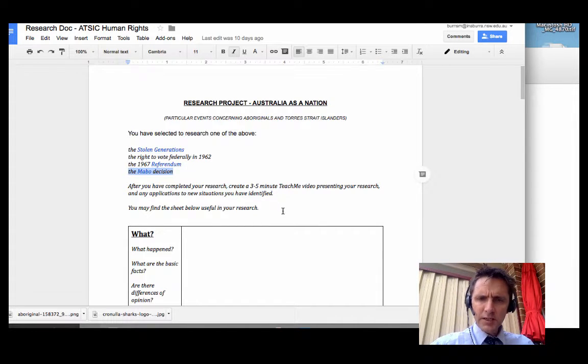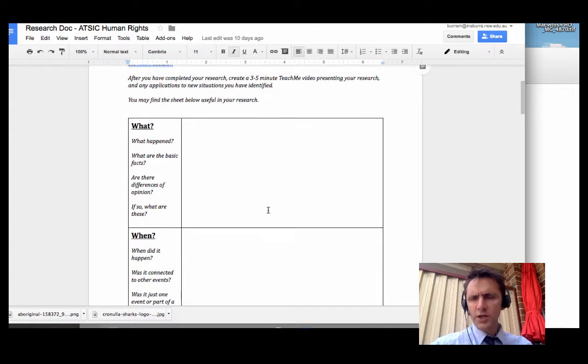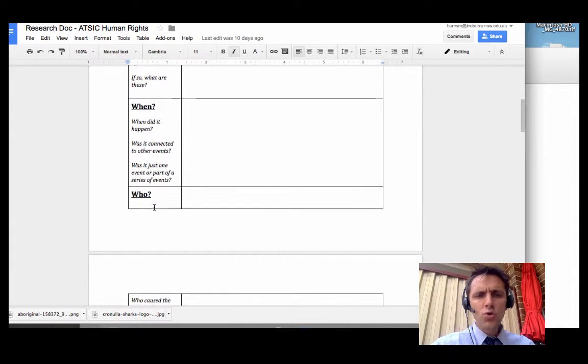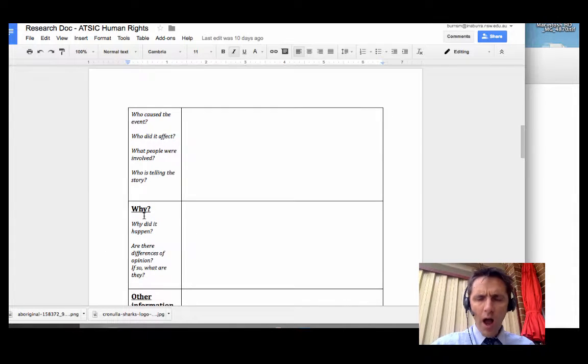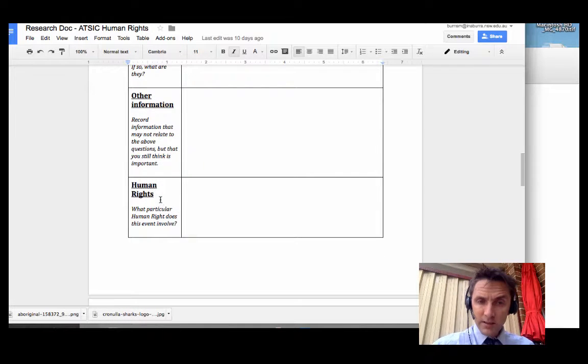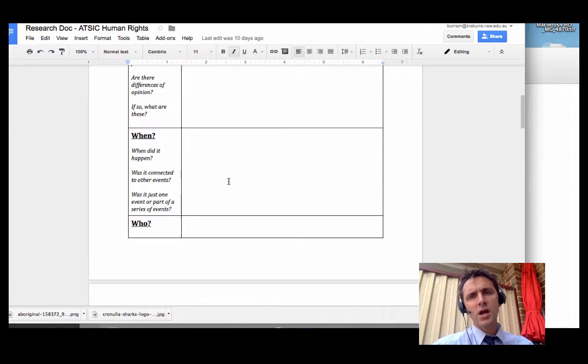After you've completed your research, and you'll use this wonderful sheet here to help you research, break it down into what, into when, into who, into why, into other information, into human rights. Get all that research. You might want to go through this more explicitly with your teacher.